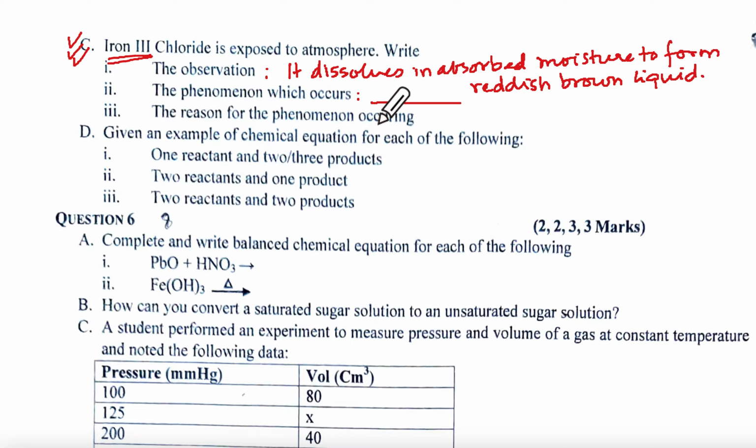Then for this y, what will you say for this y? P1 V1 again is equal to P2 V2. Okay, so I can say 100 into 80, not a problem. I can take any values, okay? I can take either this and this or this and this, not a problem. P2 will be what? Y multiplied by 32.